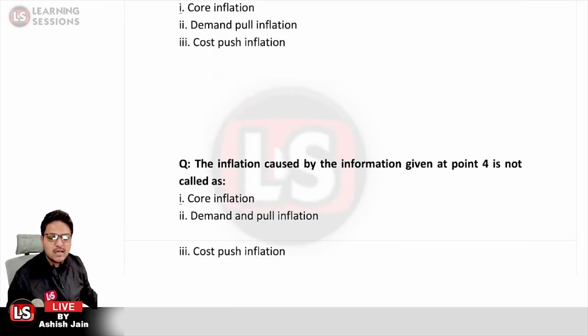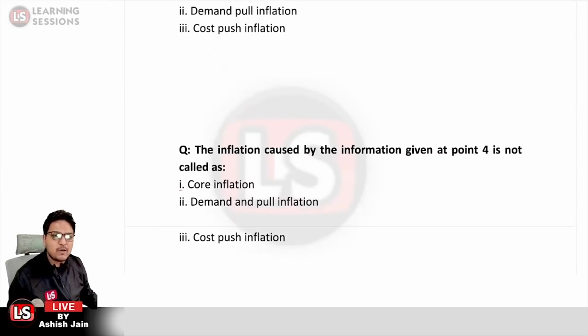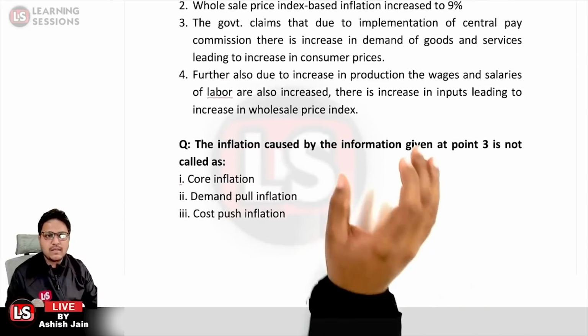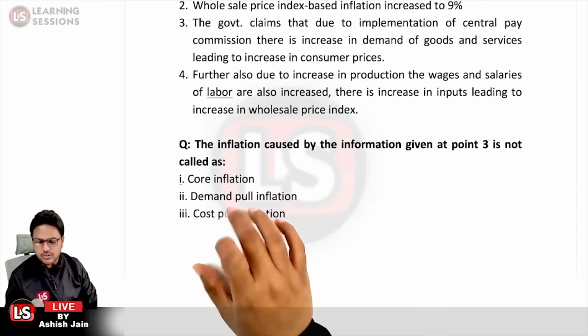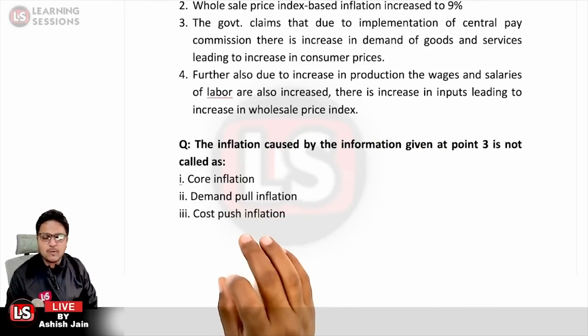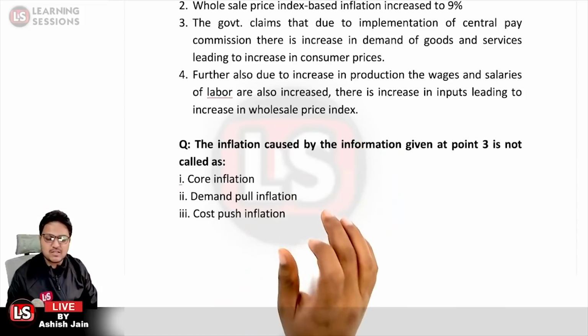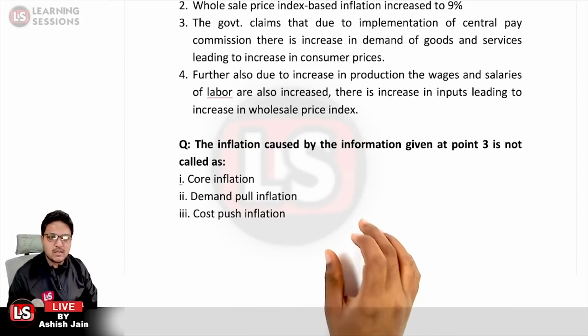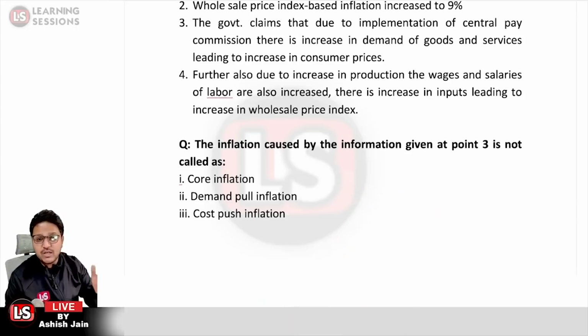Question number 2 says the inflation caused by the information given at point 4 is not called as. Now at point 4, the information given is that there is an increase in the input cost. So when there is an increase in input cost, the inflation caused is called cost push inflation, that due to the increase in cost there is an increase in inflation.